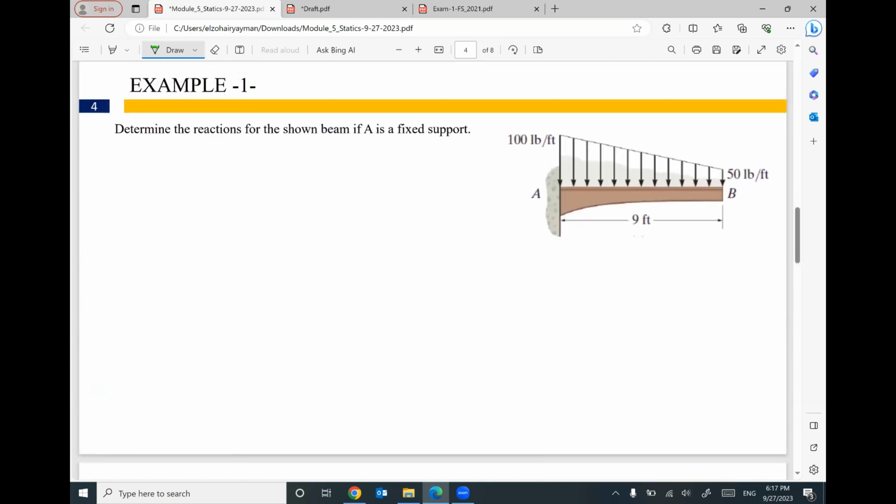Let's start with this one. We are given a beam fixed at A. So A is a fixed support.